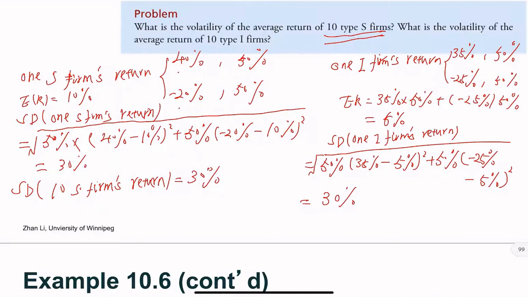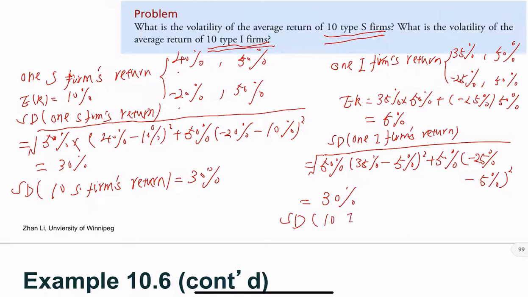Now, what about type I firms? Well, type I firms have only firm-specific risk, and these risks are actually independent, right? We know that if you have independent risks, then we have the following formula.